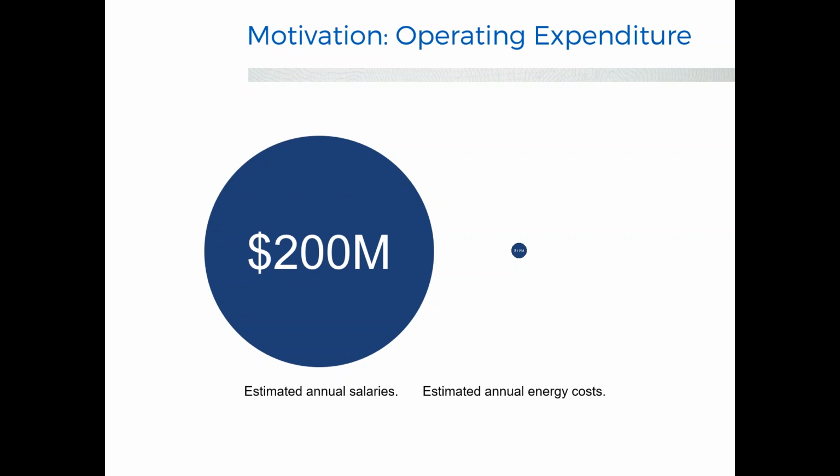But when we look at the amount of money annually that's spent on a typical building, you can see there's quite a difference between the estimated annual energy costs on the right, that's 1.8 million, compared to the estimated annual salaries for people in the building, estimated around $200 million a year. And this was for a large medical research tower, so not technically a lab, but very similar in the activities and people that would be working there.